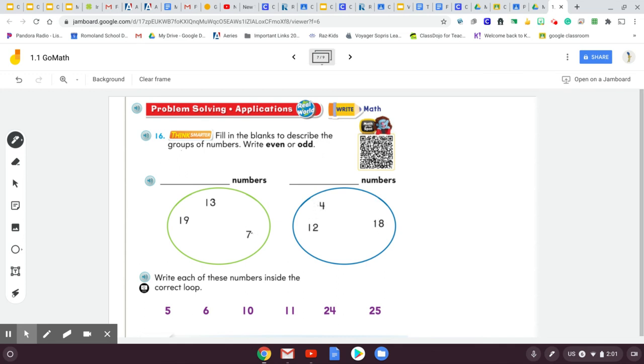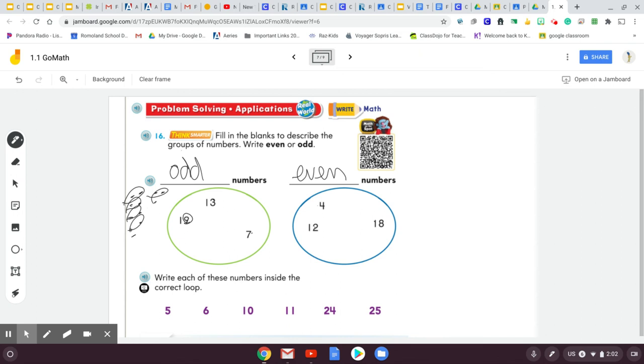I'm only going to look at this number right here, 9, and I'm going to come over here and make my arrays. 1, 2, 3, 4, 5, 6, 7, 8, 9. Look, they all pair up except for that one. That's odd. I'm going to do it one more time for my 3. 1, 2, 3. Again, so this group of numbers would be odd. And this would leave this one to be even. Okay.